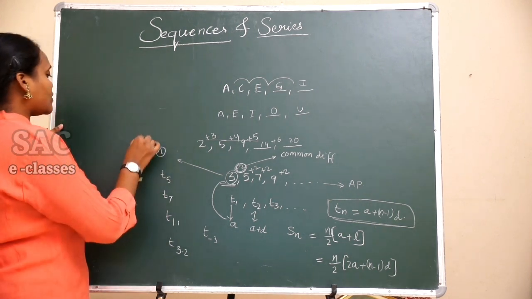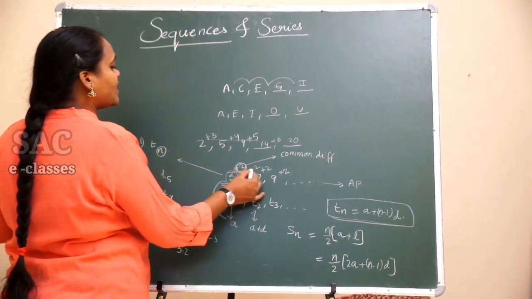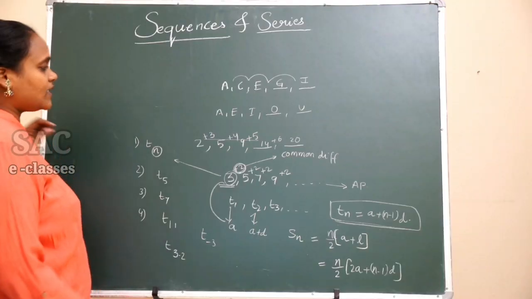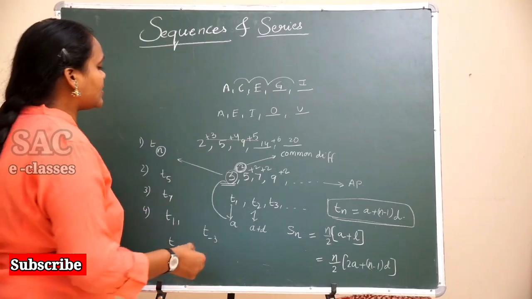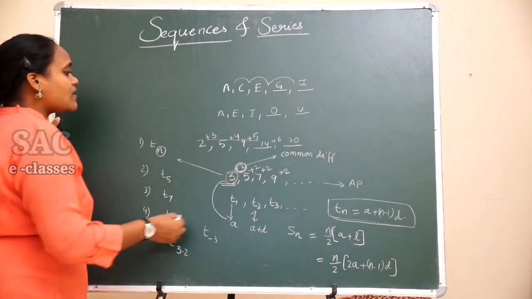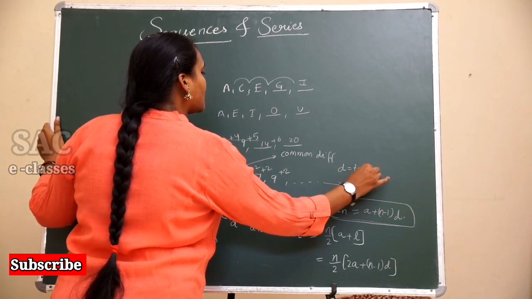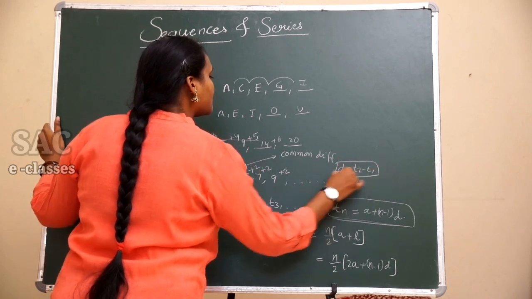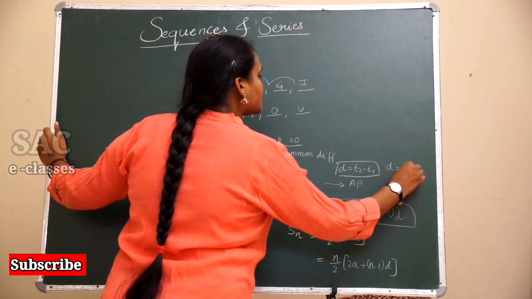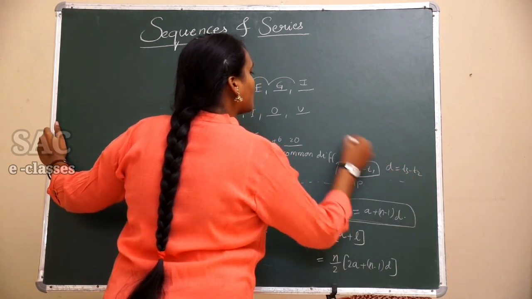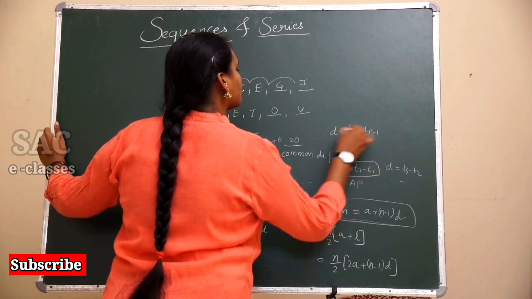Next, one more thing. Usually, the fixed number which we add to the preceding term to get the succeeding term is called the common difference. The common difference can be found out by using the formula T2 minus T1, nothing but second term minus first term, or else T3 minus T2, and so on, D equal to Tn minus T(n minus 1).